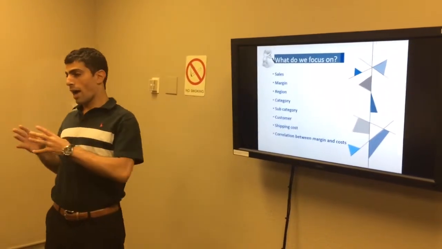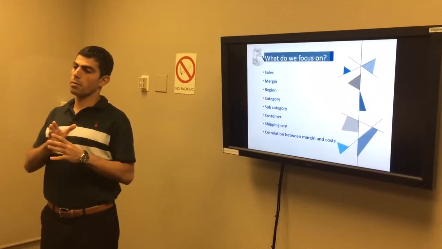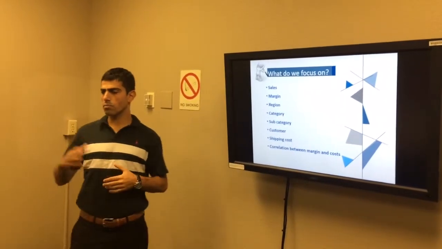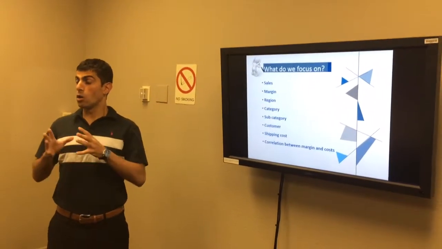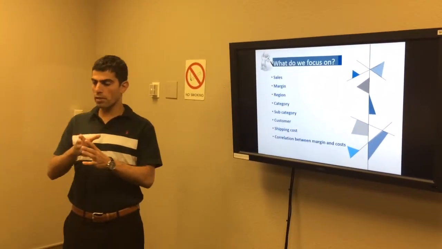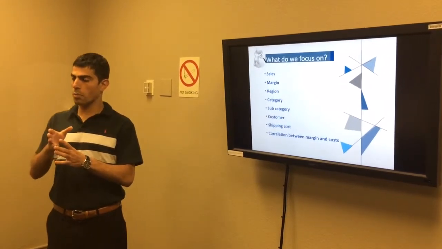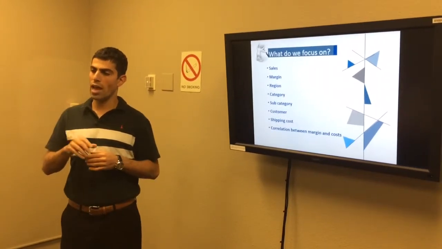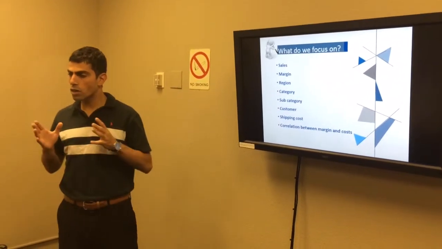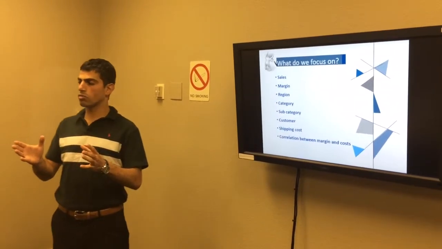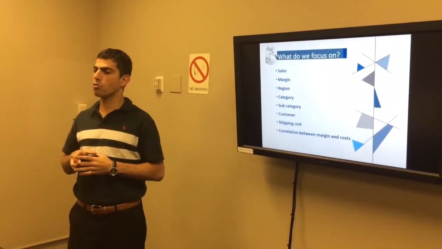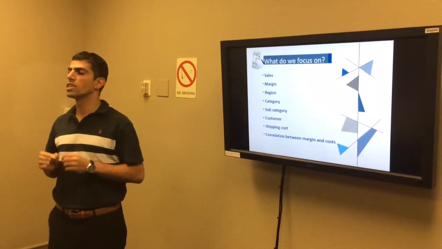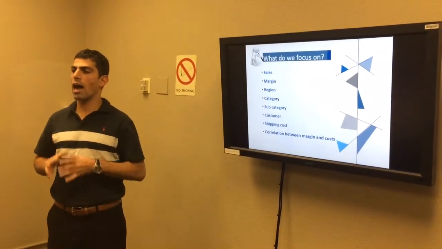Now, our analysis is separated into 3 parts. First, we focus on the furniture segment for the Superstore company, and we want to check which region has the highest margin. After that, we want to narrow down and understand, in the region with the highest margin, which subcategory has the highest margin.